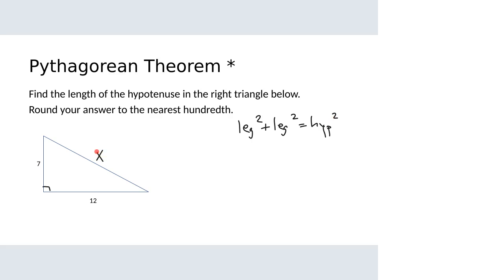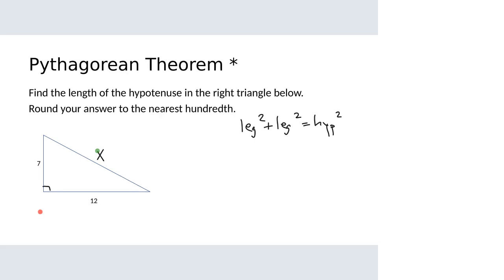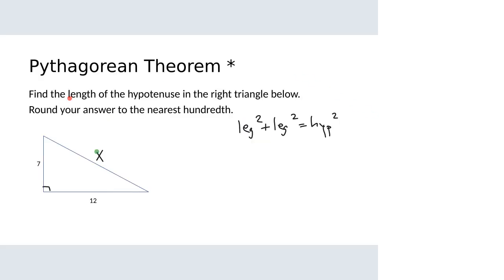You could call it c. You could call it hypotenuse. You call it whatever you want. It's a variable. What I want you to do is find the length of that hypotenuse and round your answer to the nearest hundred. I'm going to set up a poll for this one. Use that formula, and the problem solving we did as a review to find the length of that hypotenuse.